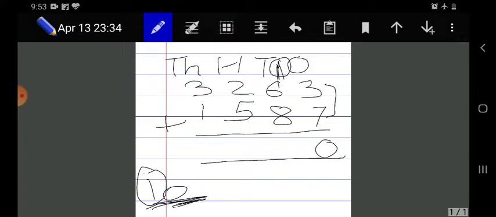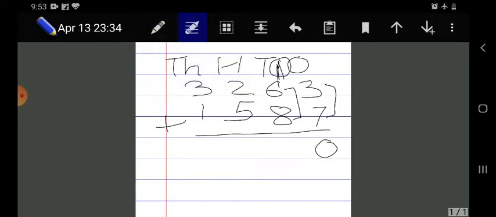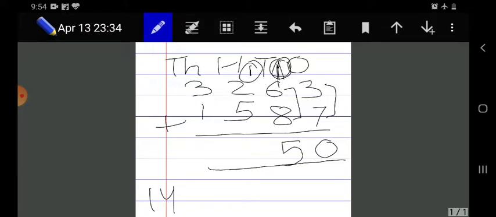Now we will add 6 and 8. What will be our answer? Yes, it will be 14. And we are having 1 also here. So 14 plus 1 is 15. So we will put 5 here and 1 will be taken to the other place value, that is hundreds.